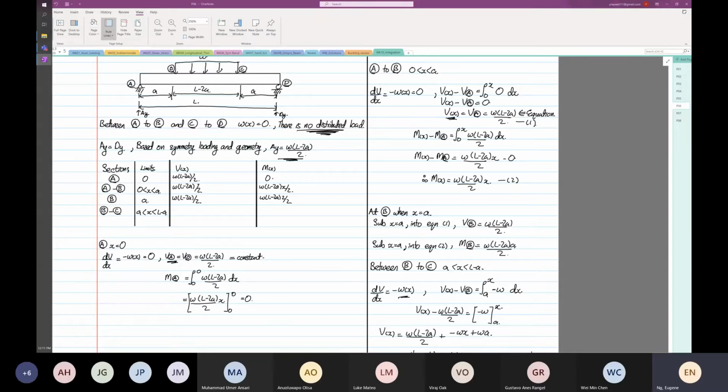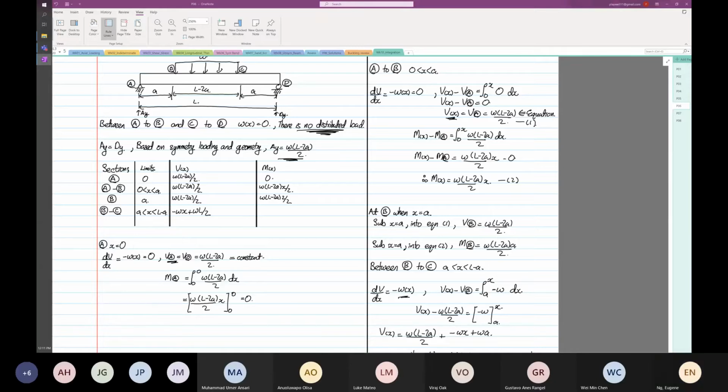So this function over here is equal to minus omega X plus omega L over 2. Right, so you can see from here, when you have a distributed load, how it changes now.